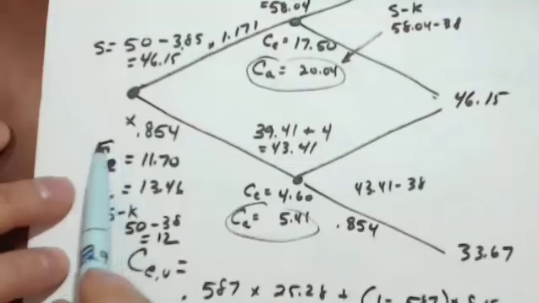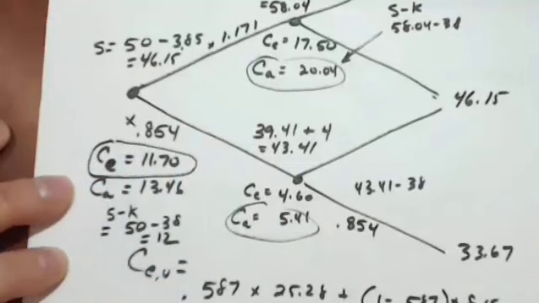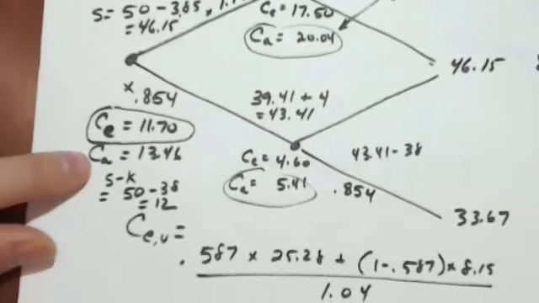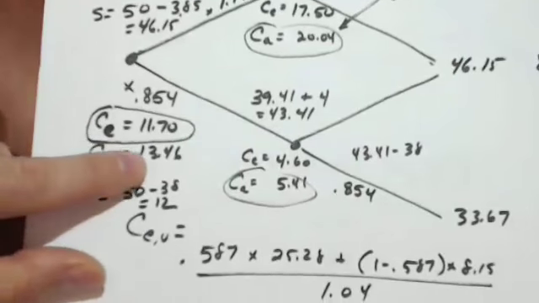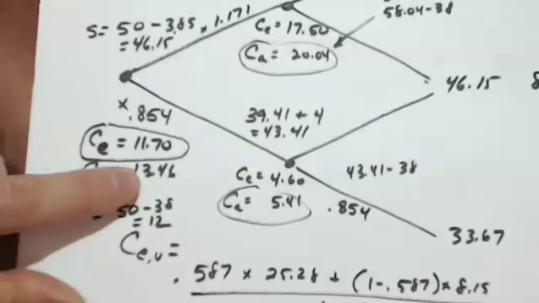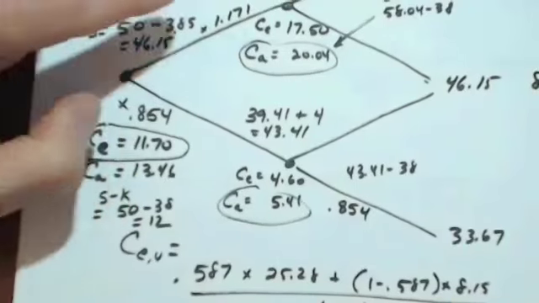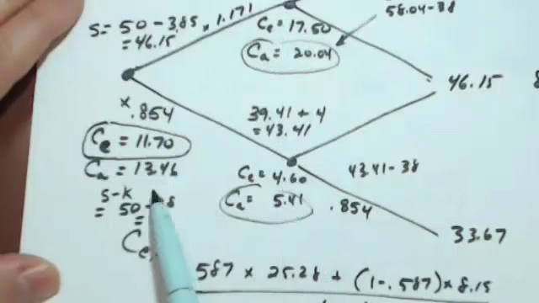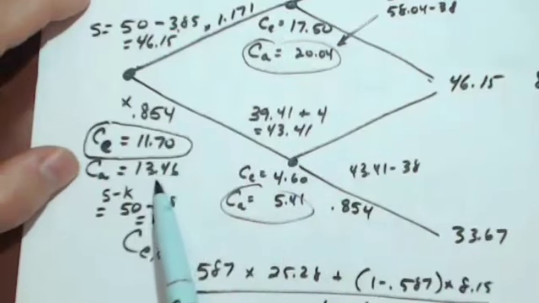The value of the European option is $11.70. The American option is worth $13.46. It's worth this much alive, meaning you want to hold this option and let it live as an American option, because the expected value of that today is worth $13.46. If you were to exercise the option immediately, it would only be worth $12.